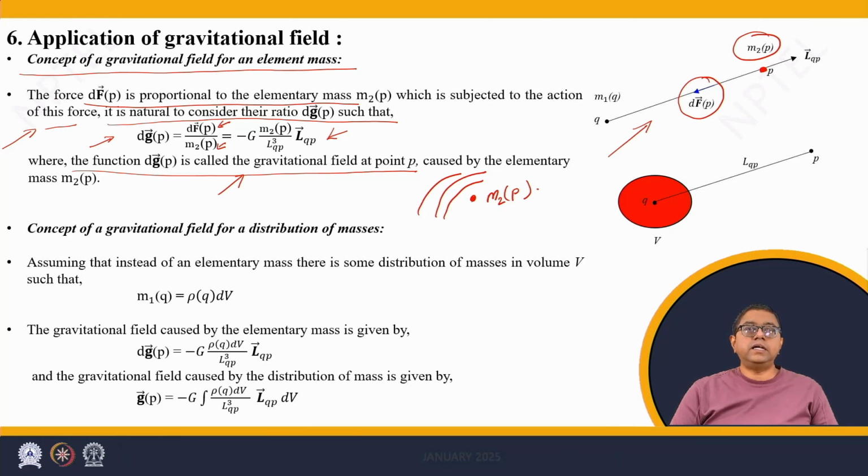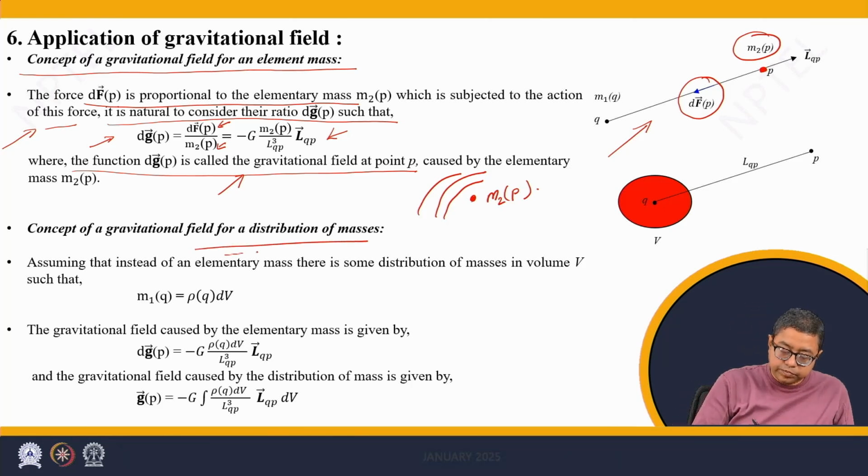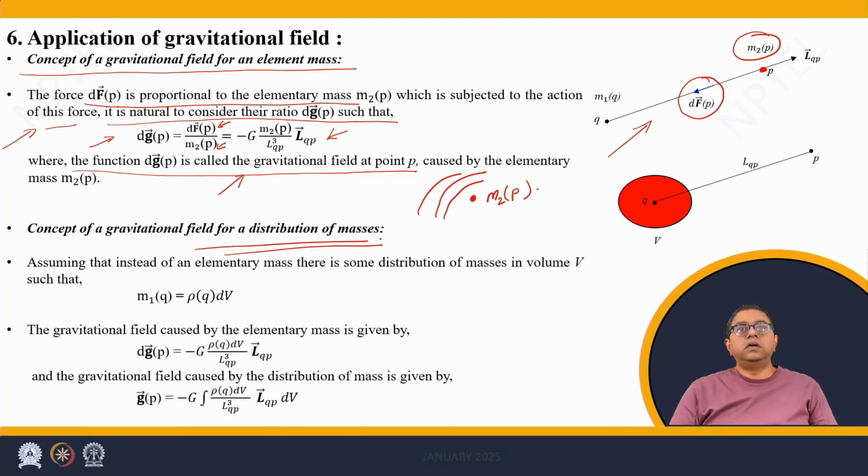Next, we consider the concept of gravitational field for a distribution of masses. The distribution of masses is a very important concept in geophysics, as the planet and other bodies in the solar system are not homogeneous material.